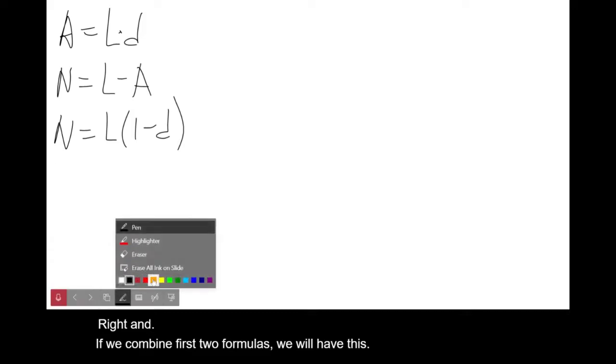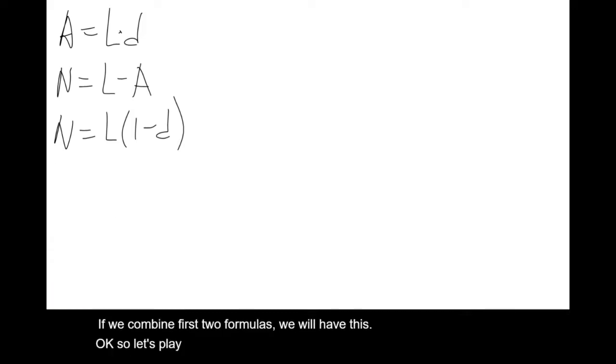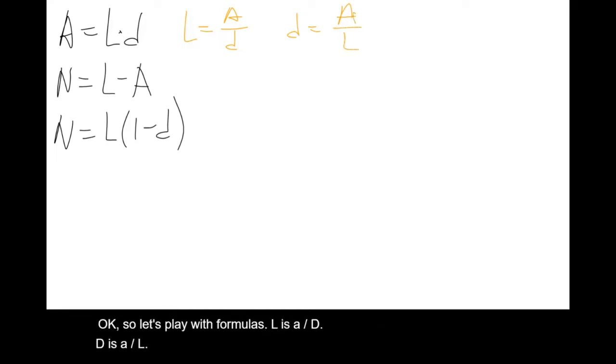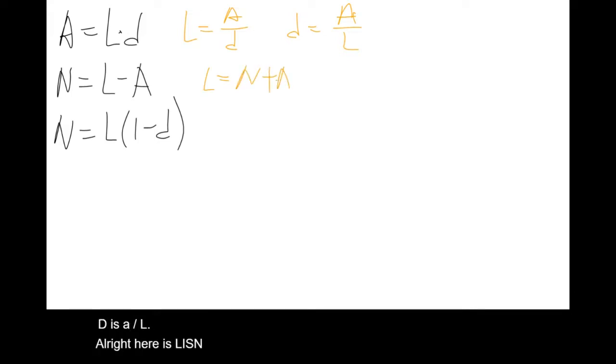Okay, so let's play with formulas. L is A over D. D is A over L. Right here, L is N plus A, and A is L minus N.